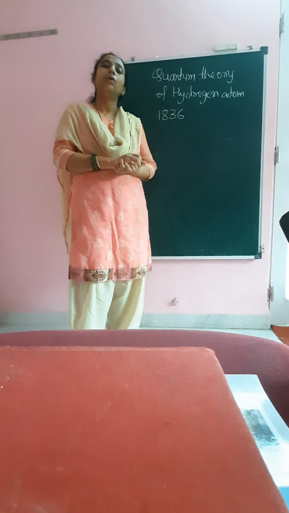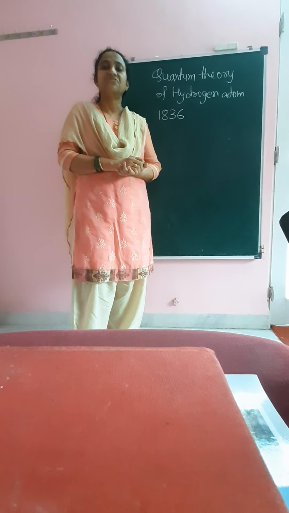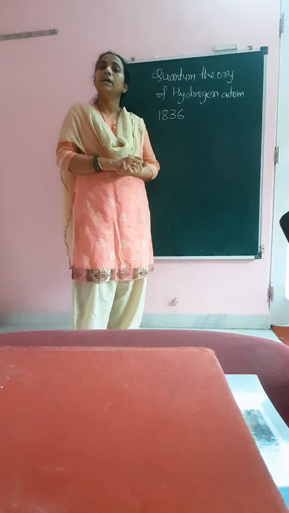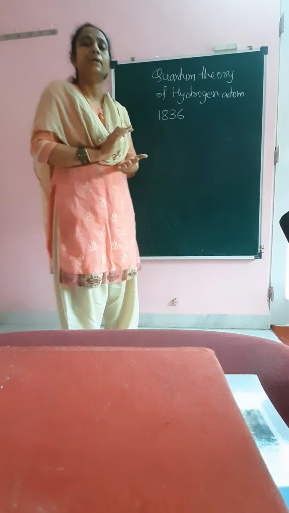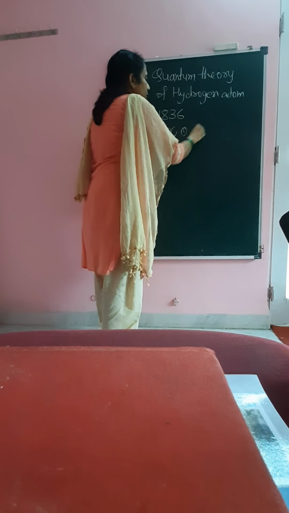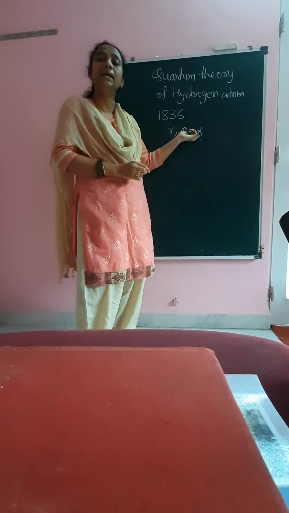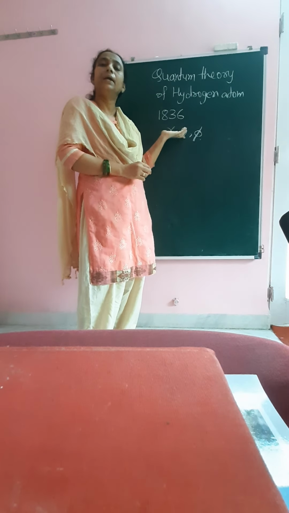And later on, according to the space quantization concept, the third term, that is phi, the azimuthal angle, is also considered. So finally we have 3 terms, that is r, theta and phi.